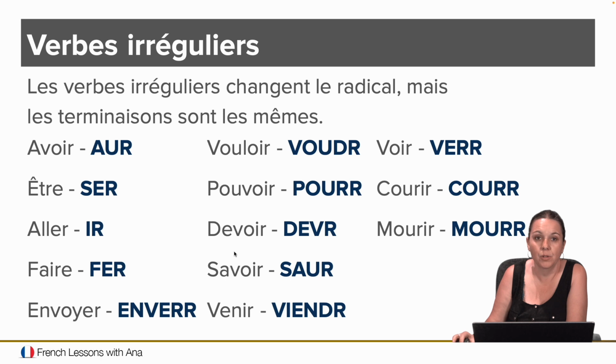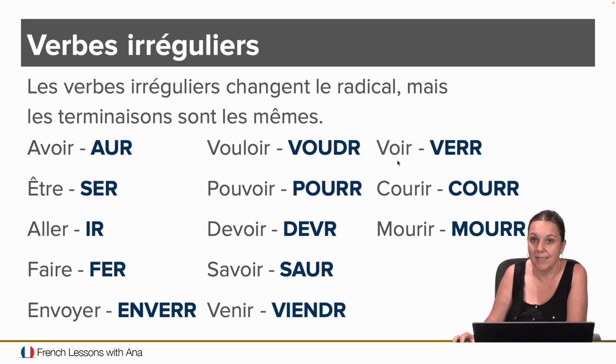Pourr. Devoir, to have to, or the idea of must, right? To have to. Devr. Savoir, to know something. Saur, okay? S-A-U-R. Venir, to come, becomes viendr. So V-I-E-N-D-R. Je viendrais, tu viendrais, etc.